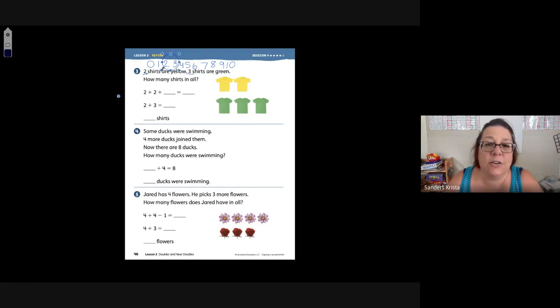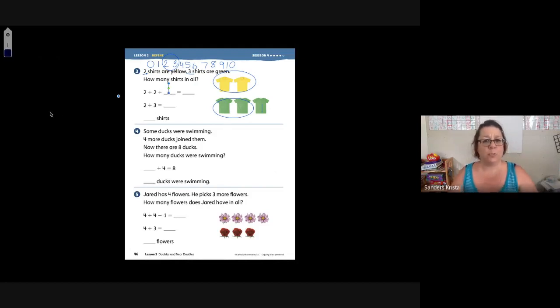So because they're near numbers, there is 2 in a group of 3. So I can look at my picture. I have 2 here and 3 here. I know I can add 2 plus 2, right? 2 plus 2 and 1 more.